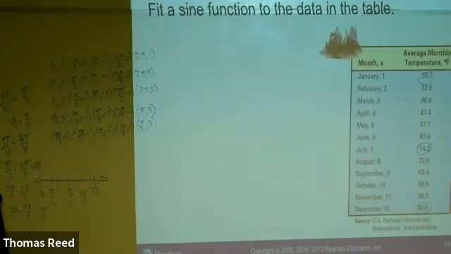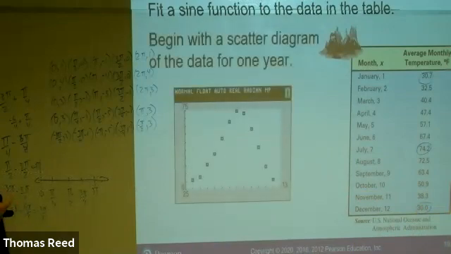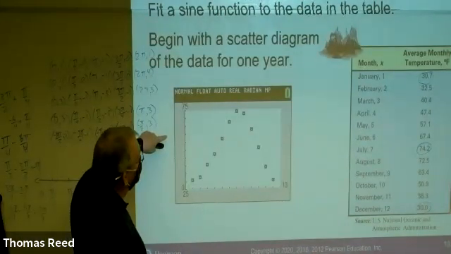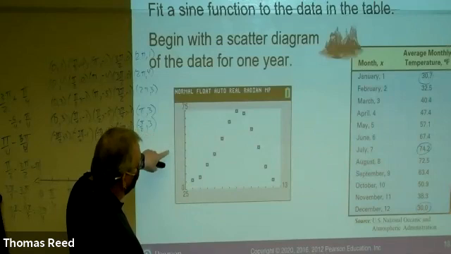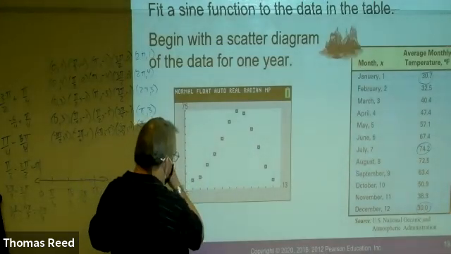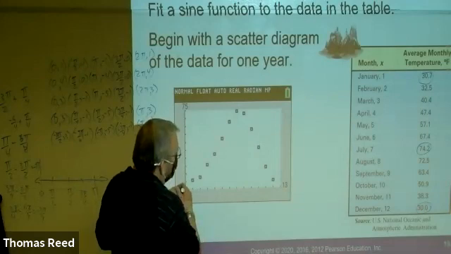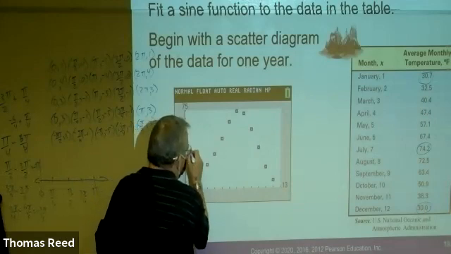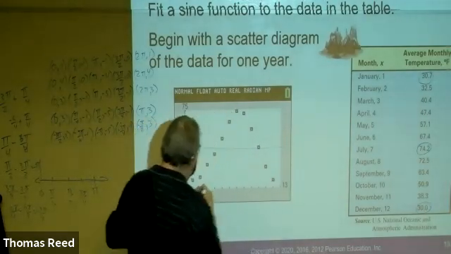Well, let's go through their steps because I don't mess it up. So they look at the scatter diagram. So the scatter, I call this a scatter plot. And so this would be sine, we're talking about through here somewhere.